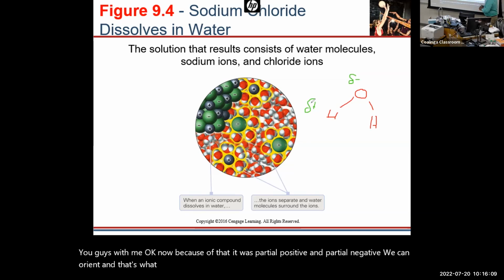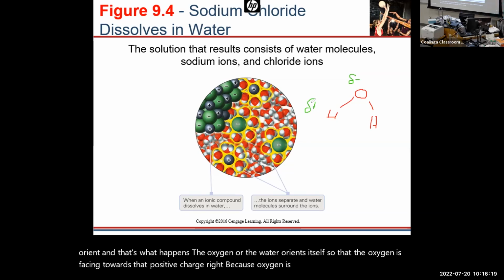Now, because of this partial positive and partial negative, we can orient, and that's what happens. The water orients itself so that the oxygen is facing towards the positive charge, because oxygen is partially negative, right?